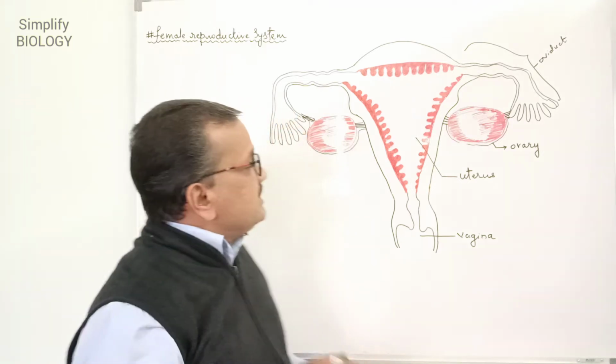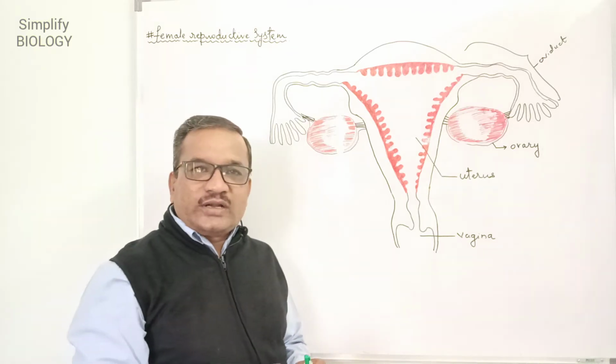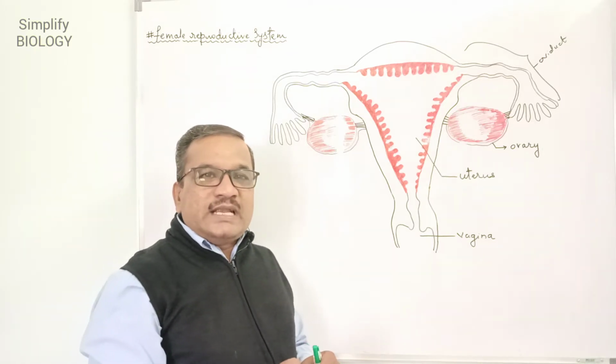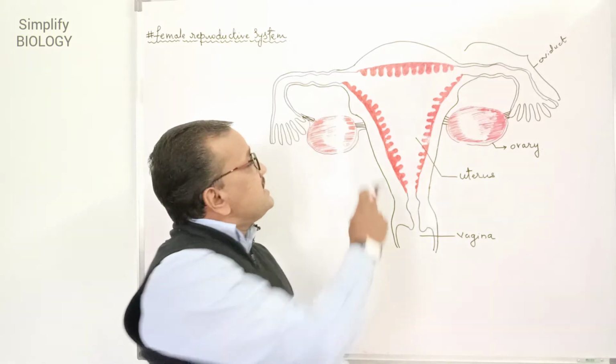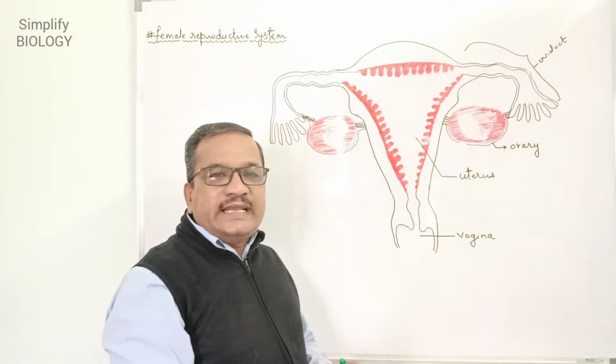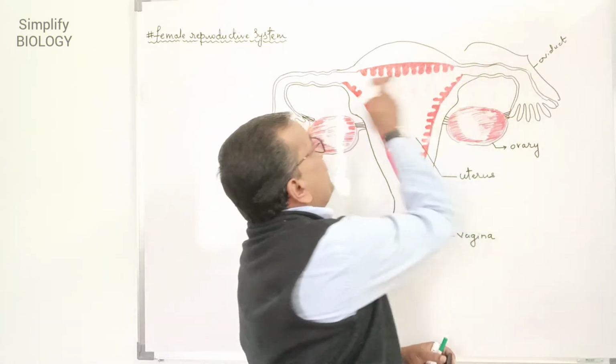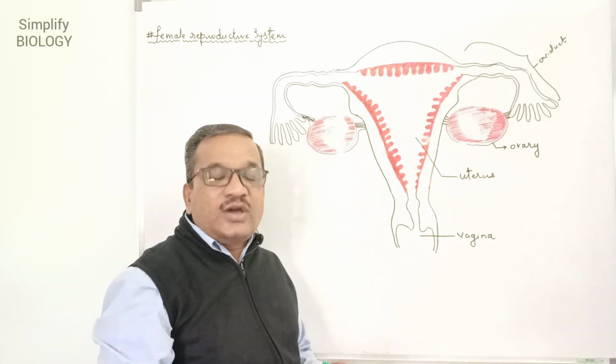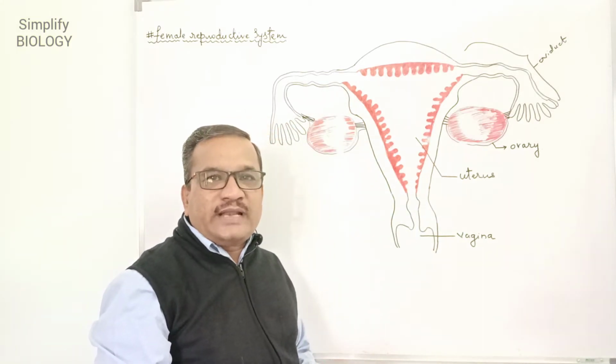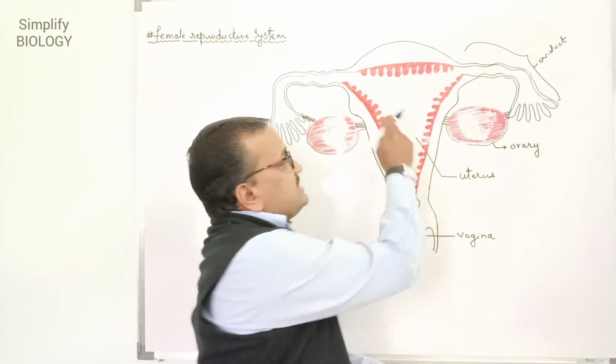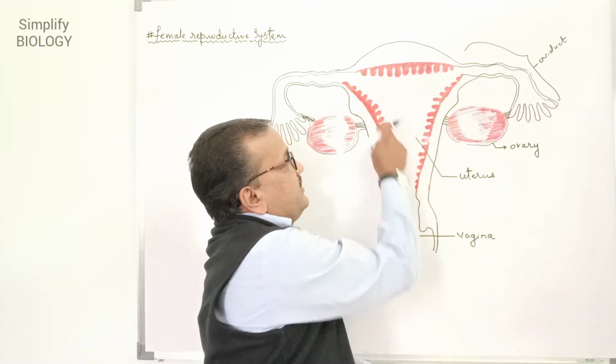Here again we will see the organs of the female reproductive system. Number one is a pair of ovaries. Next is a pair of oviducts, also called the fallopian tube or uterine tube. Next is the uterus; you can see this red lining.